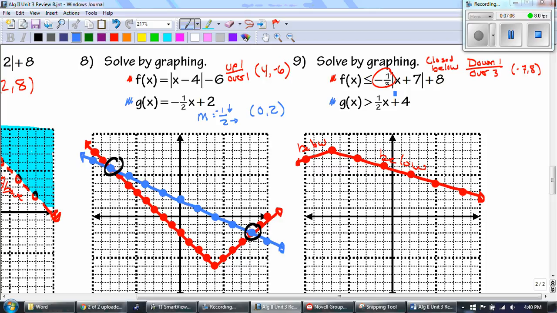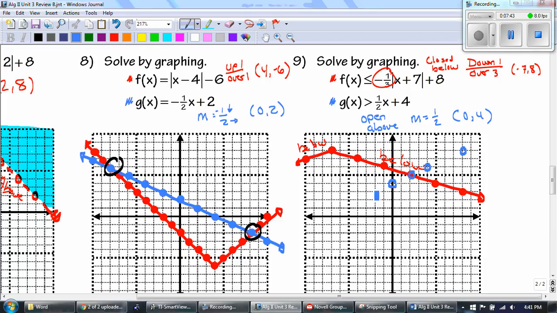All right, bottom one. That symbol is telling me that it's open and that I need to shade above. My slope is 1/2 and I started at 0, 4. Okay, so just remember we're open at 4. I'm going up 1 over 2, up 1 over 2, up 1 over 2, up 1 over 2.